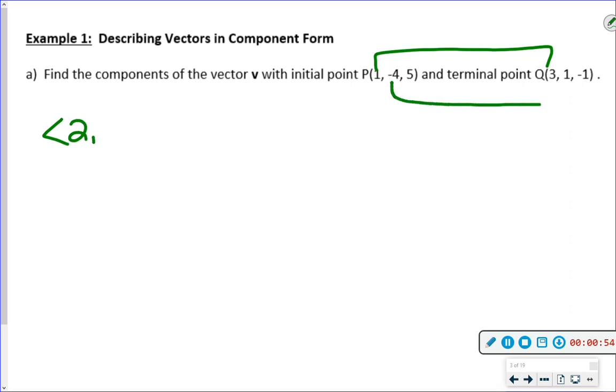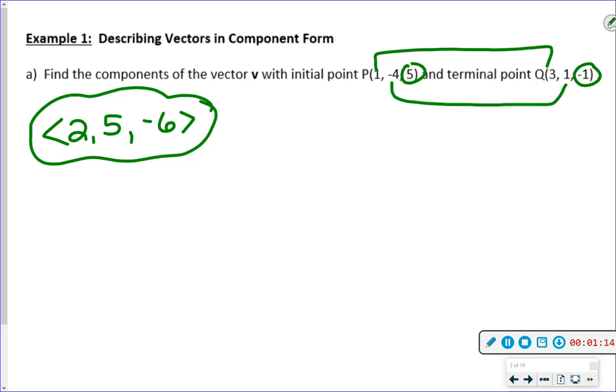From -4 to 1, you went up how many? 5. And this is why I said you probably could teach yourself the first 3 pages here. From 5 to -1, you went down how many? -6. Got it. You're so smart. Yay. So really, the first 3 pages is very simple.